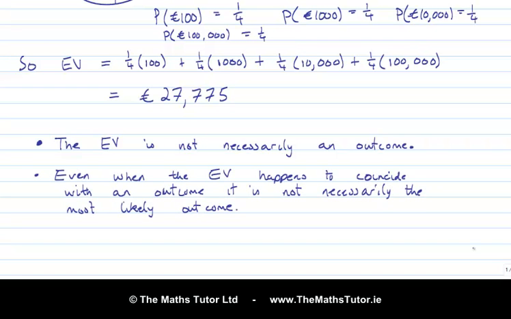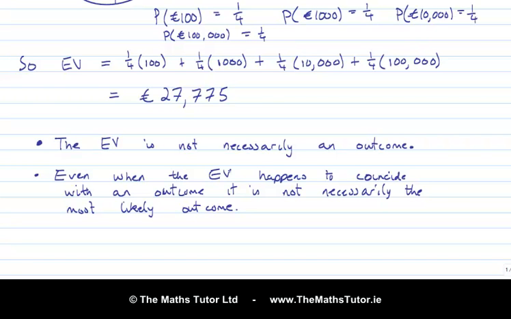And the second point is kind of related to the first one, and it is this, that sometimes the expected value happens to be one of the outcomes. That can happen in certain situations. But even when that happens, it's not necessarily the most likely outcome. So what this second point is really saying is that the word expected here is a little bit misleading.